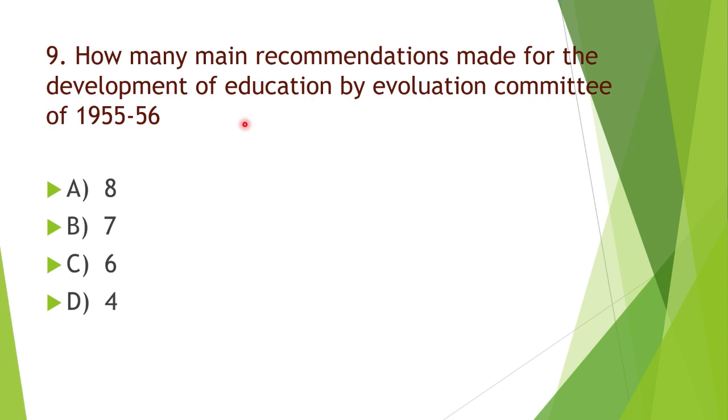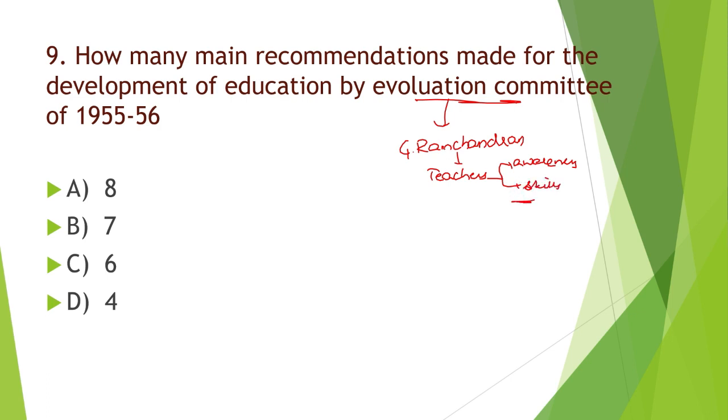Next question. How many recommendations were made for the development of education by the Evaluation Committee of 1955, 56? Just now we discussed this Evaluation Committee. Who chaired this? G. Ramachandran chaired it. As I told you, this committee is regarding teachers, to develop the awareness of the teachers as well as to develop the skills of the teachers.